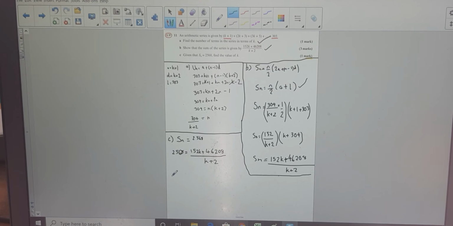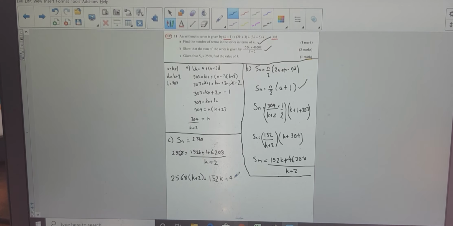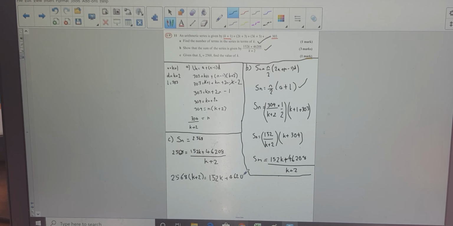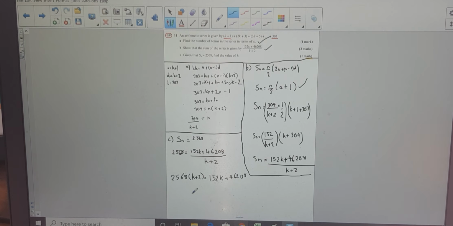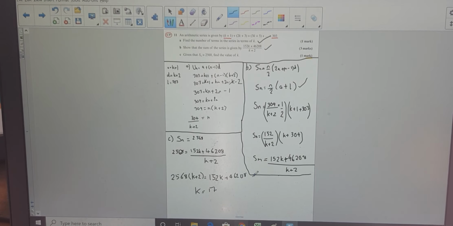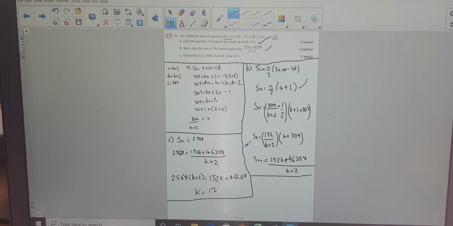So let's multiply by k add 2. So you should have got 2568 multiplied by k add 2 equals 152k plus 46208. So expand, collect the k's on one side, equate it to a number, and you should have solved to get that k equals 17.